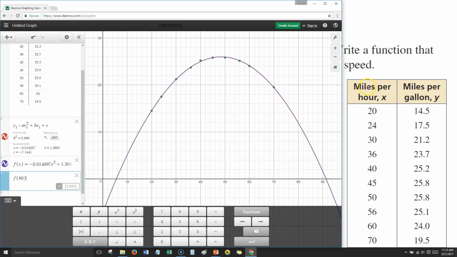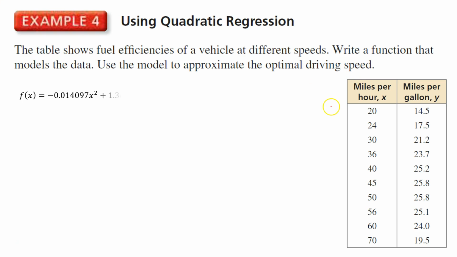Well, let's look back over here. So there's my function, which models my data. And now I need to use my model to approximate my optimal driving speed. So my optimal driving speed is what speed is going to give me the best miles per gallon. So let's look back over at my graph.